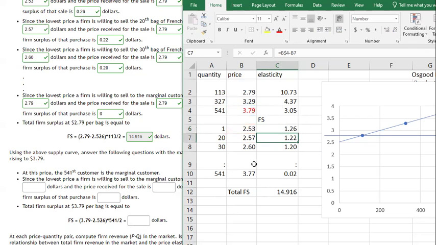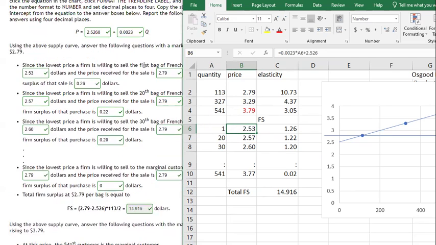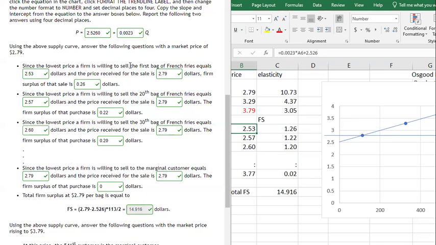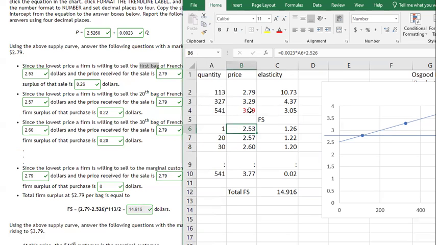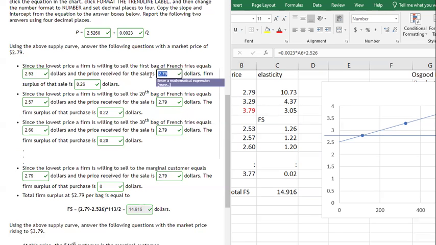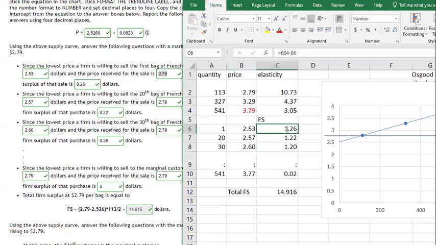379. Okay, so for that first quantity, the firm is still willing to accept 253 for that first bag of French fries. The thing that's changed, though, is the price. Before, they were only getting 279. Now they're getting 379. When you're getting 379 instead of 279, the firm surplus for that very first bag of French fries is a lot larger, right?